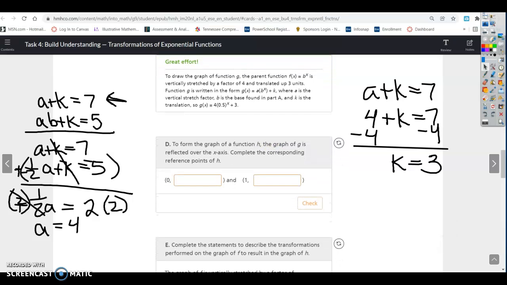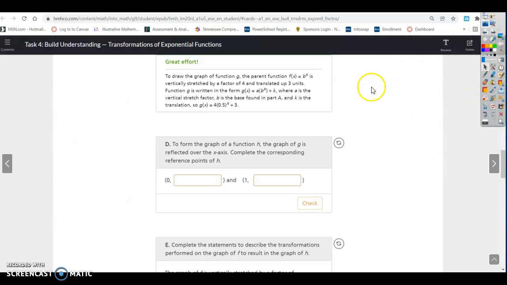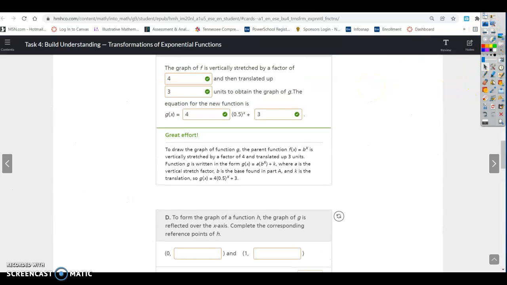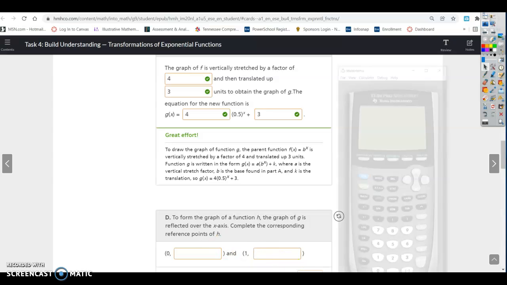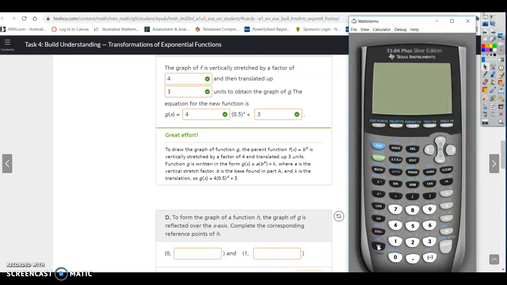Now it says to transform the graph of a function h, the graph of G is reflected over x. So what they want us to do is take the new function we just found, this new function G, and reflect it across the x-axis. So it says complete the corresponding reference points. I like to look at things.